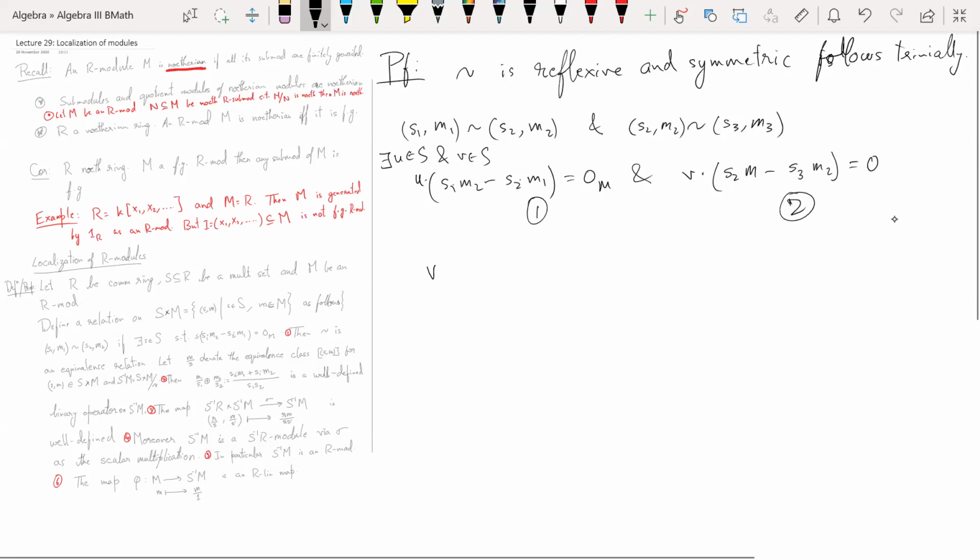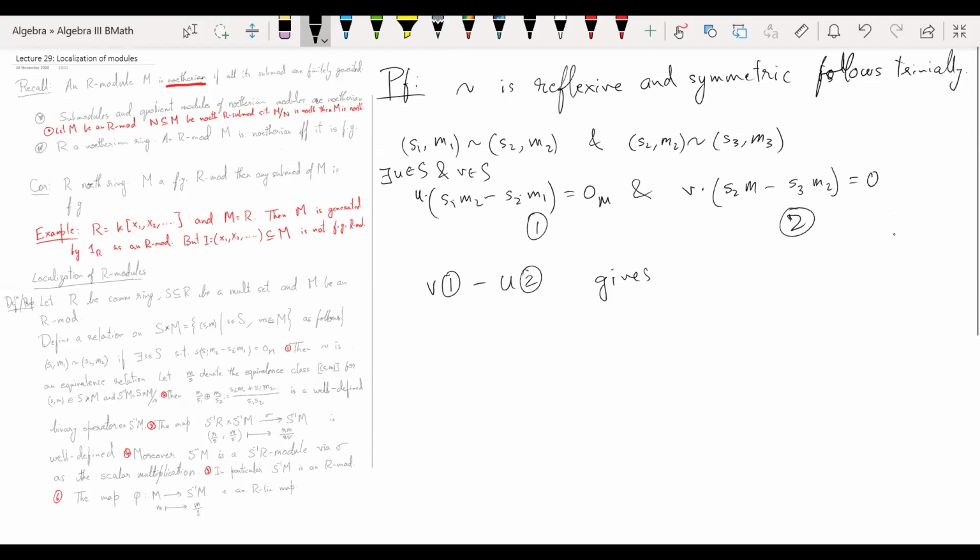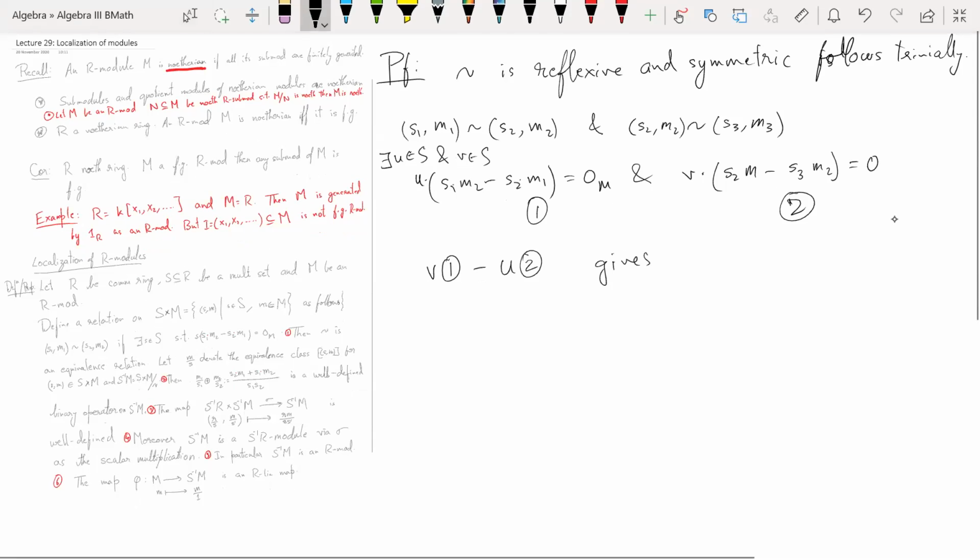Then V1 minus U2 gives UV, so the middle guy will get cancelled, or not minus but maybe plus. Then you get UV S1 M2 minus S3 S1.